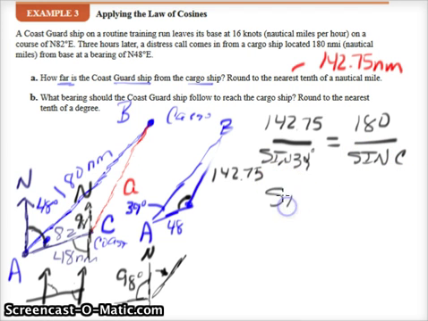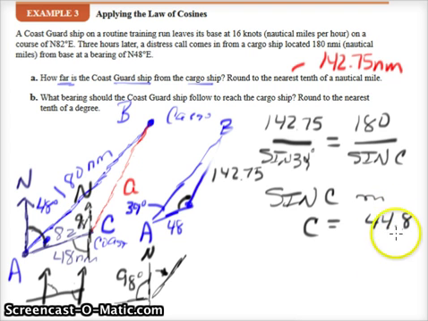I'll work this out on my calculator. The sine of C is going to be some decimal number, and then C is going to be 44.8. Now remember, we used the law of sines, so we have to be aware that inverse sine is only defined for the first quadrant, so we'll have to find the angle ourselves.